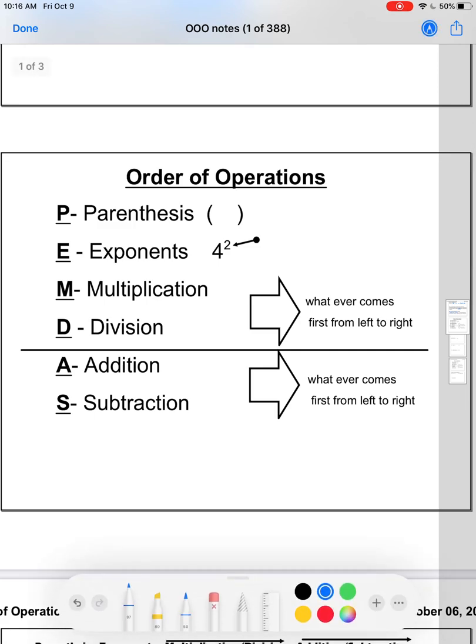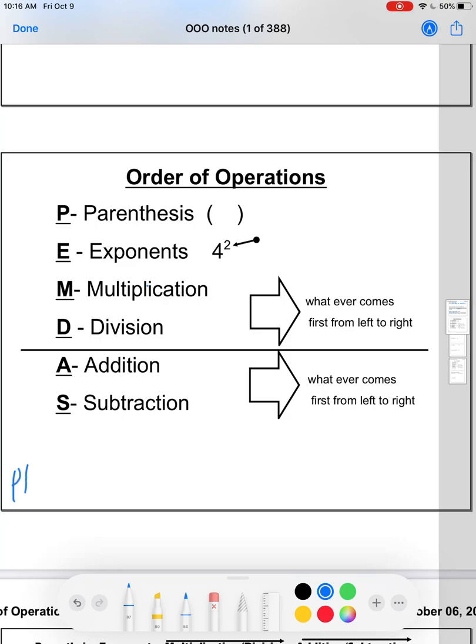Okay, so listed here is the order that we need to follow for order of operations. So we need to follow parentheses, exponents, multiplication, division, addition, and subtraction.